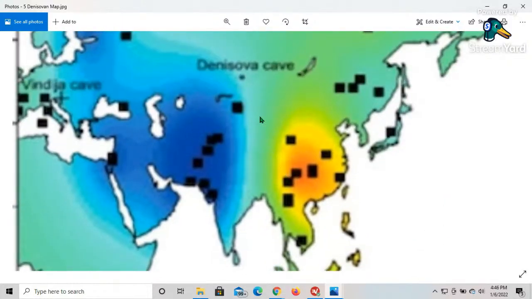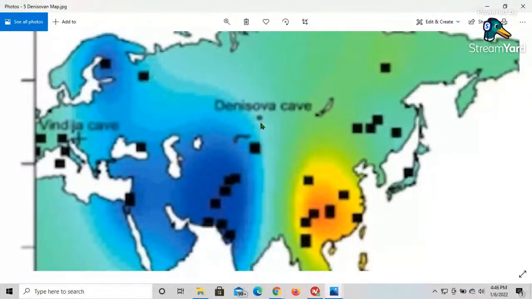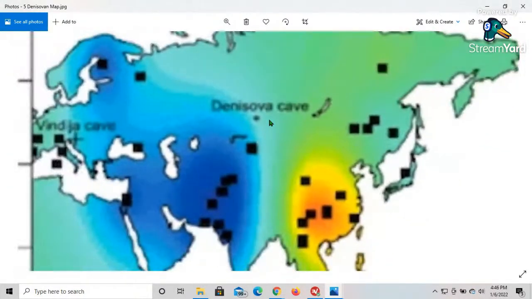Of course, so you can see up here, Denisova Cave is way, way up here. Remember I was saying, they're trying to figure out how in the world the Denisovans got way up here. Well, the descendants of Nimrod from Mesopotamia, Shinar, of course, are all in this area here in Mongolia, which is north of China.